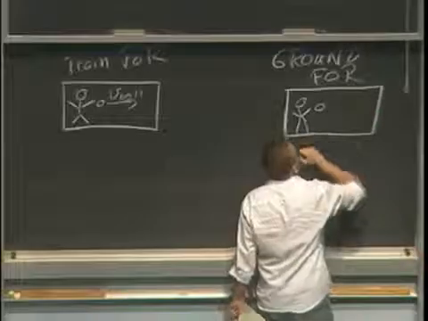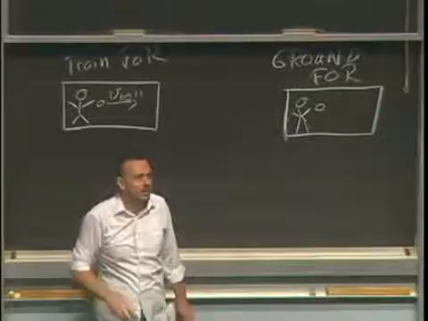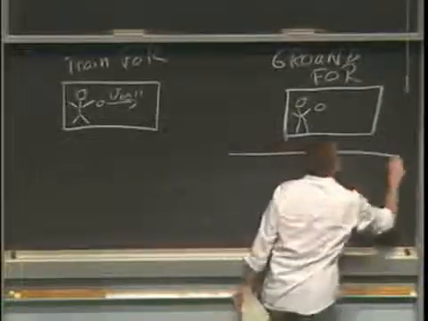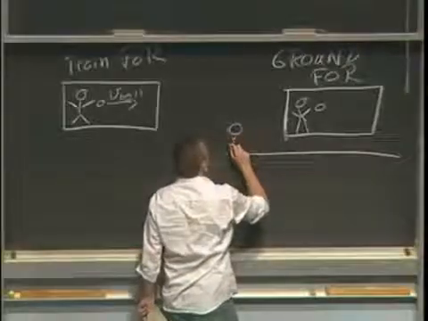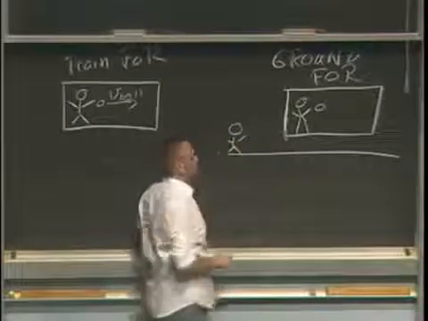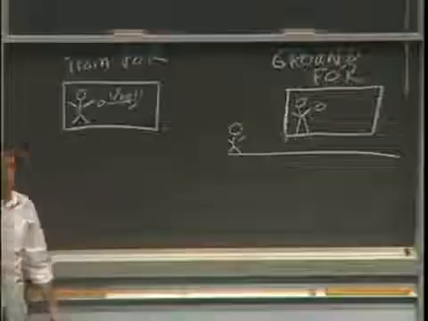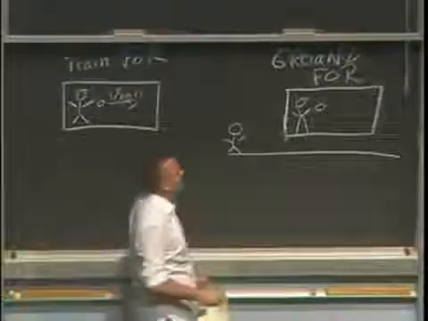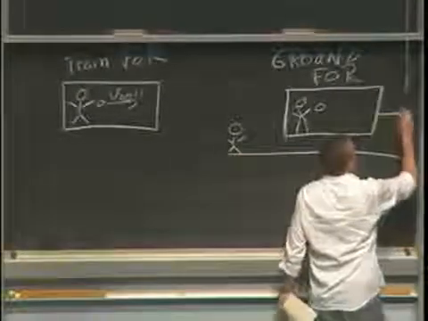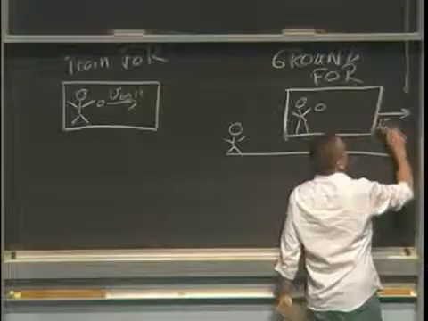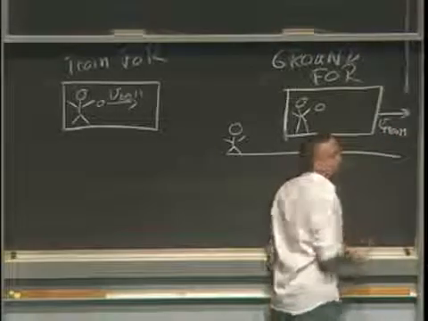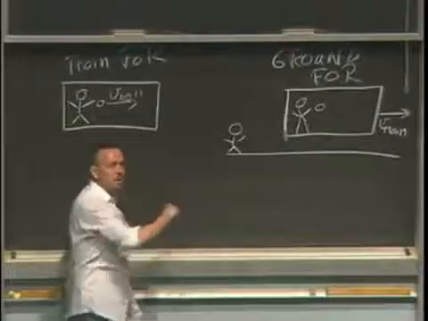There is the ball that the passenger is throwing. Here is the ground, and now we are an observer standing here at rest in the ground, watching that train go by. So in this frame of reference, that train has some velocity. Let's give it a velocity off to the right, so it's moving off to the right.